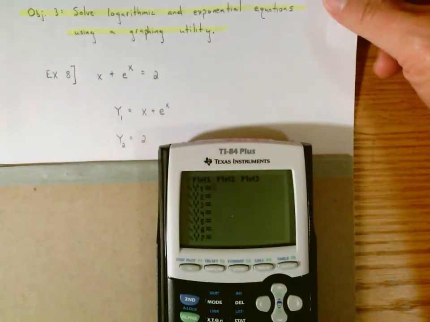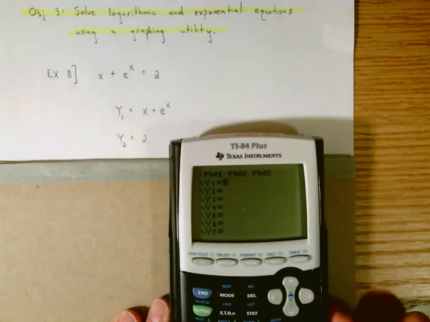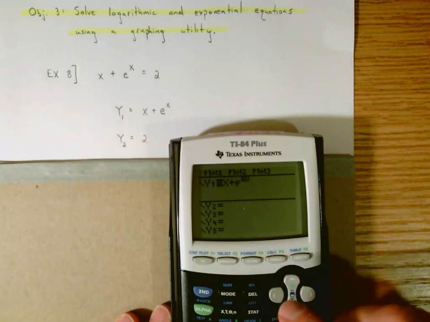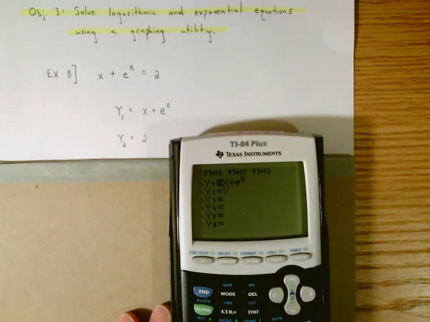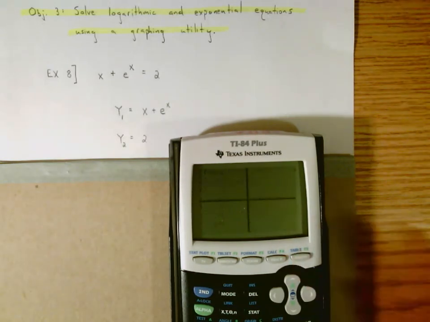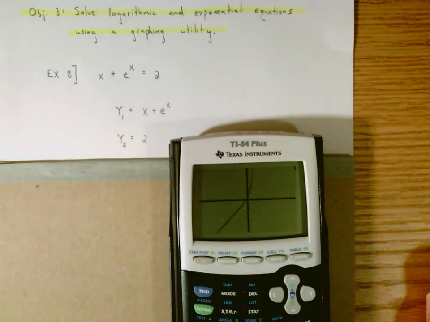We're going to graph x plus e to the x, and then we're going to graph the constant 2. We know that'll be a horizontal line. When I graph this, there's my first function, there's my second.